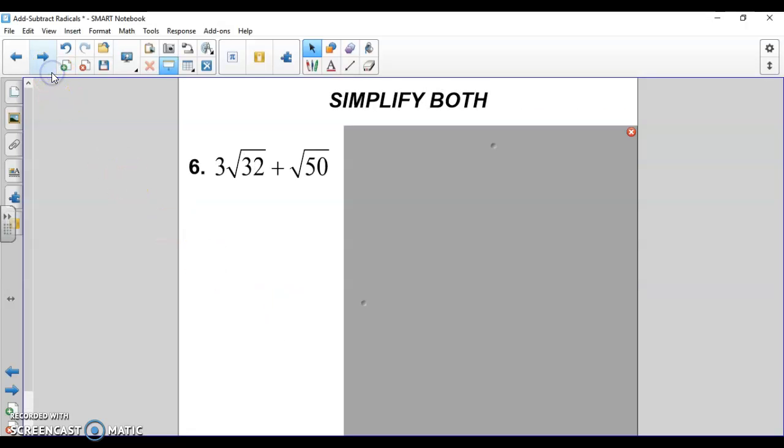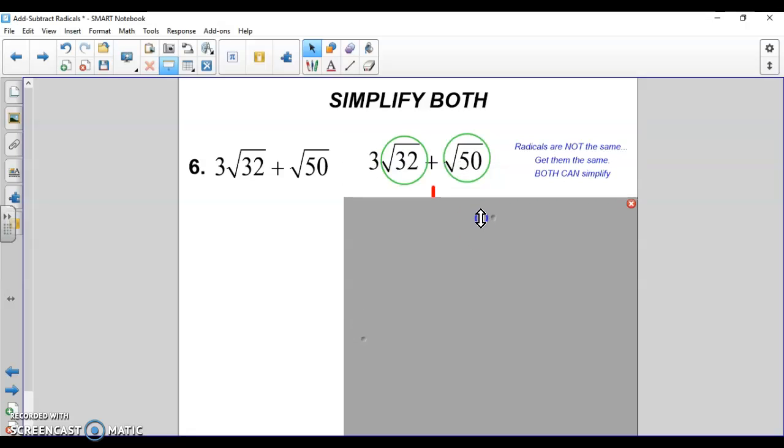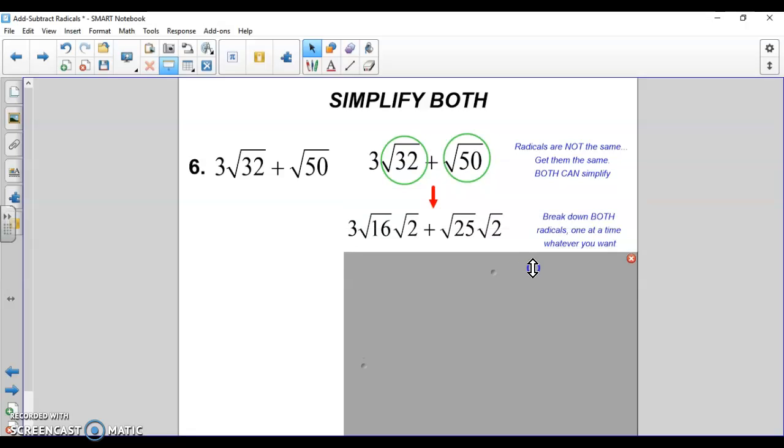Last one. We do have to simplify both. You can simplify them one at a time. You can do them both at the same time, whatever you want. I'm showing both at the same time. So to break down these radicals, we have to think about what factor of 32 is a perfect square. Well, it's 16. What's the biggest factor of 32 that's a perfect square is 16.